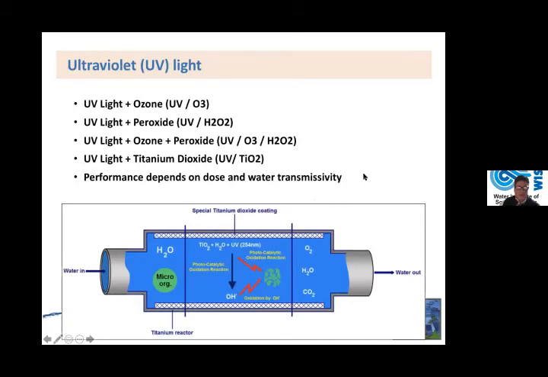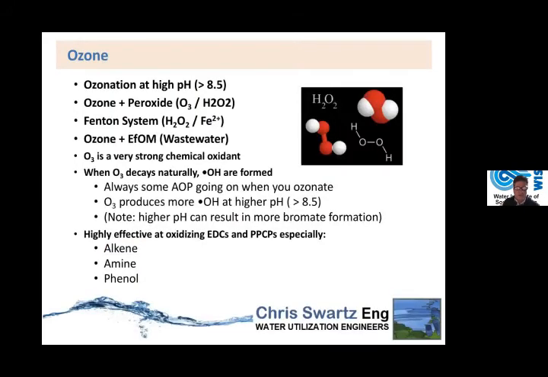UV light is often used as a disinfectant as well. It is particularly important where you need to remove parasites, Cryptosporidium and Giardia, which are chlorine resistant. So if you chlorinate the water, you won't kill those parasites. Then you have to apply UV, either alone or in combination with things like peroxide, ozone, and so forth.